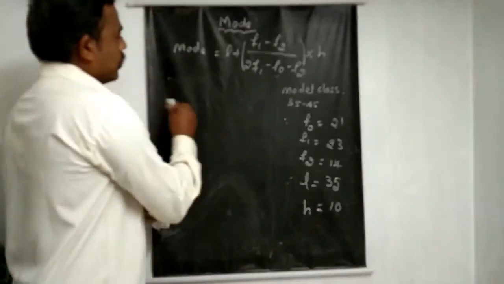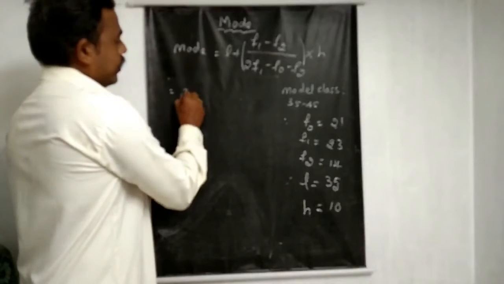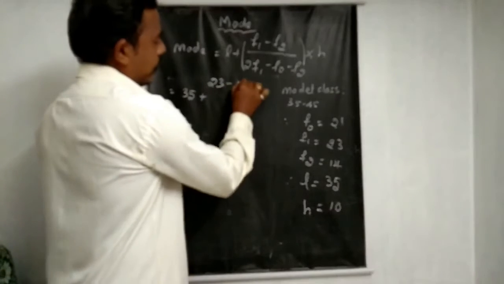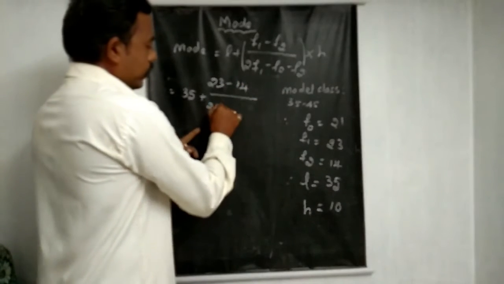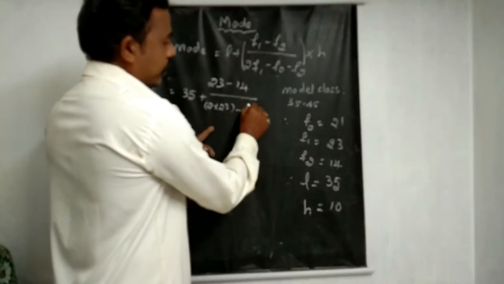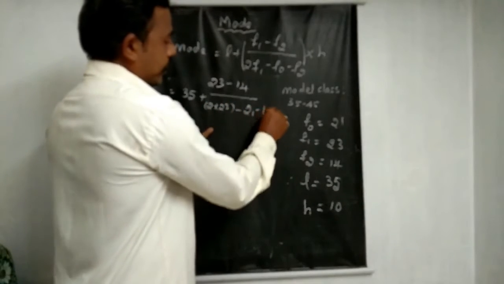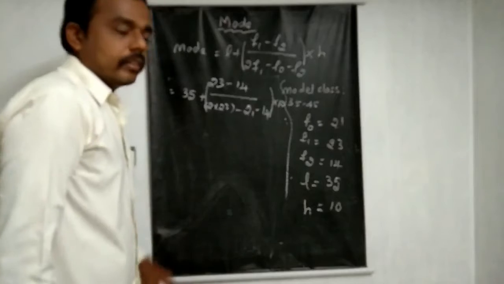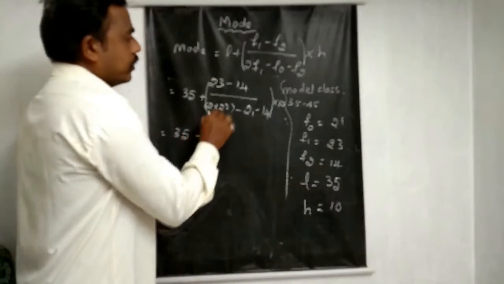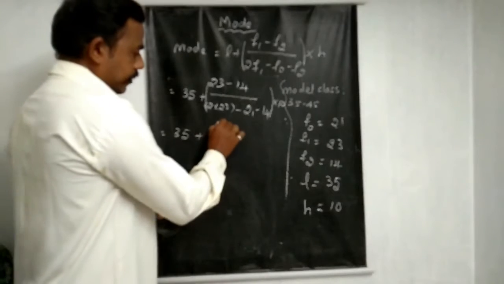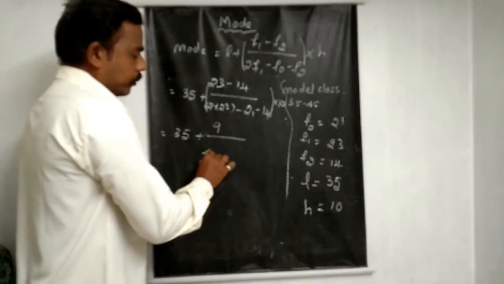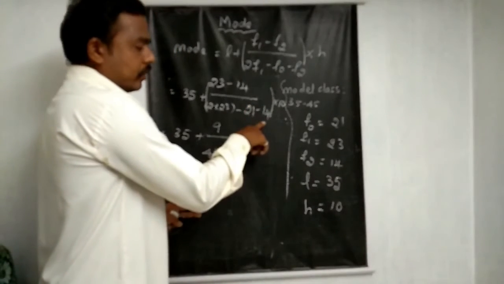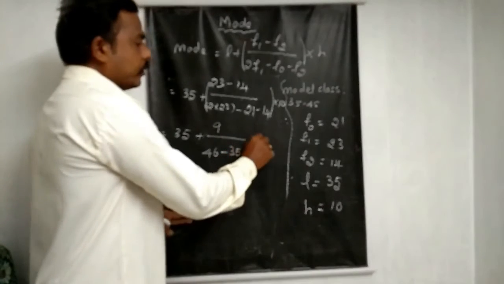So for that, mode equals L plus (F1 minus F0) divided by (2F1 minus F0 minus F2), times h. So 35 plus 23 minus 14, 9, divided by 2 into 23, 46, minus 21 minus 14, with h value 10.